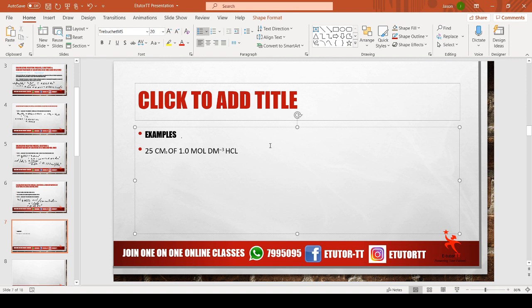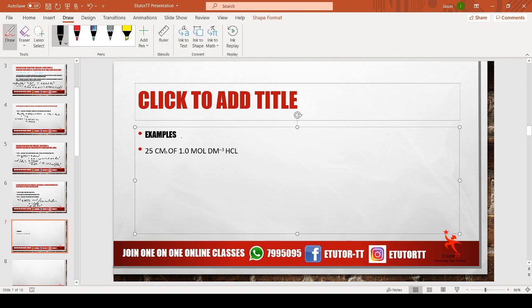We have, first things first, to change this 25 cm cube to dm cube. So we divide that by 1000. That gives us 0.025 dm cube.